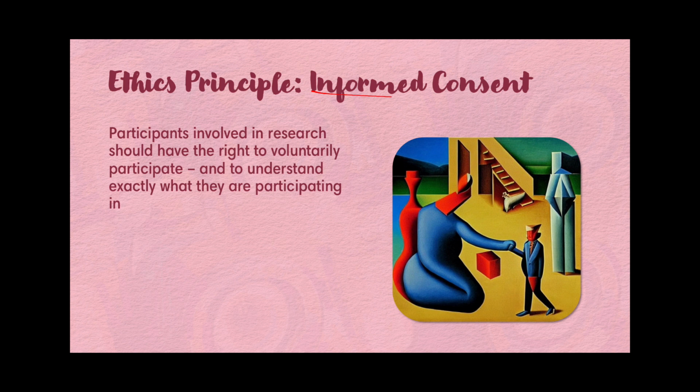So the first one, and more importantly, every time you do human participant research, you have to secure informed consent. Informed consent means that participants involved in the research should have the right to voluntarily participate. So there should be no form of coercion in the form of them getting punished or disenfranchised because they did not join the study or they would not like to join the study.